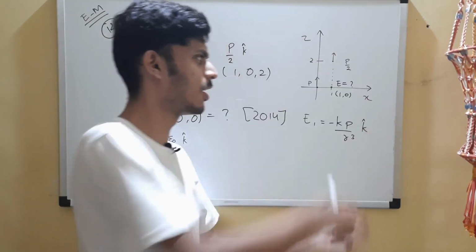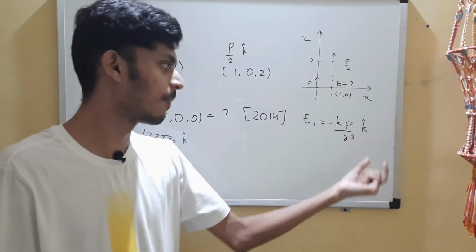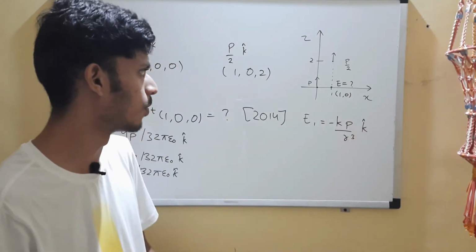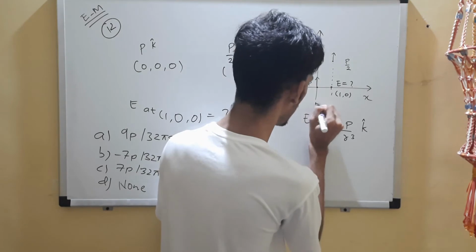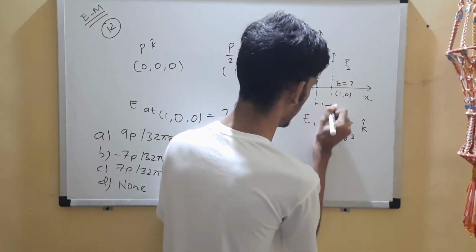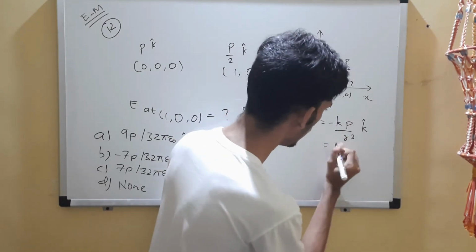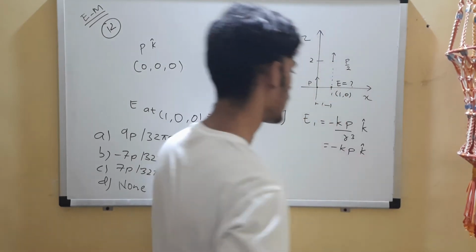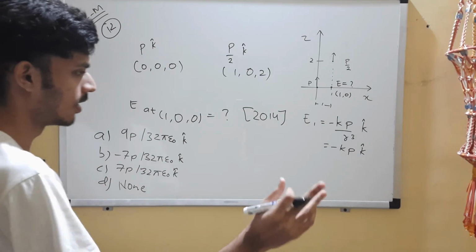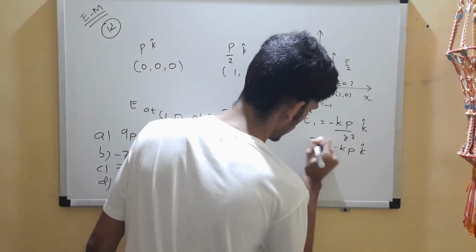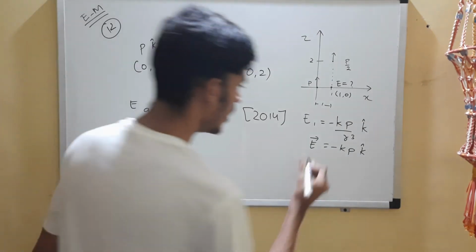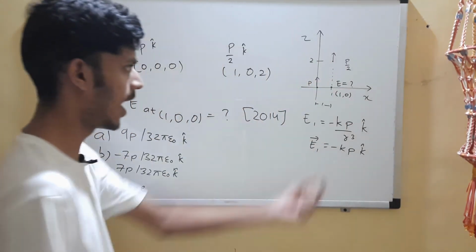The magnitude will be kp by r cube. What is r over here? The distance from the center to this point, which is 1. So kp by 1 cube, that will give you minus kp k cap. That is the electric field due to this dipole at this point.